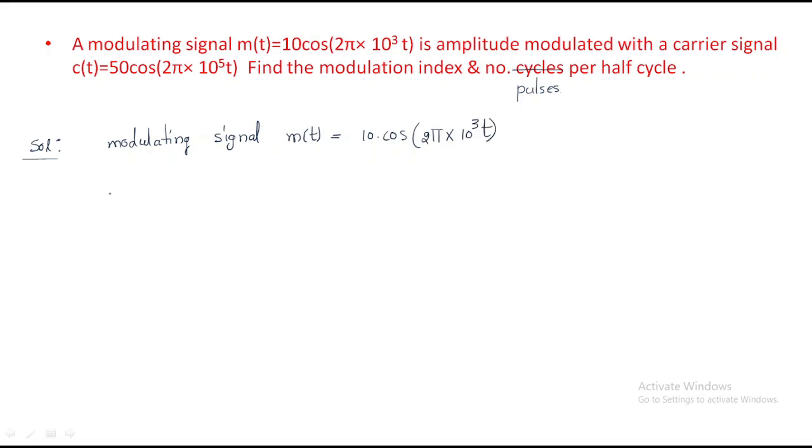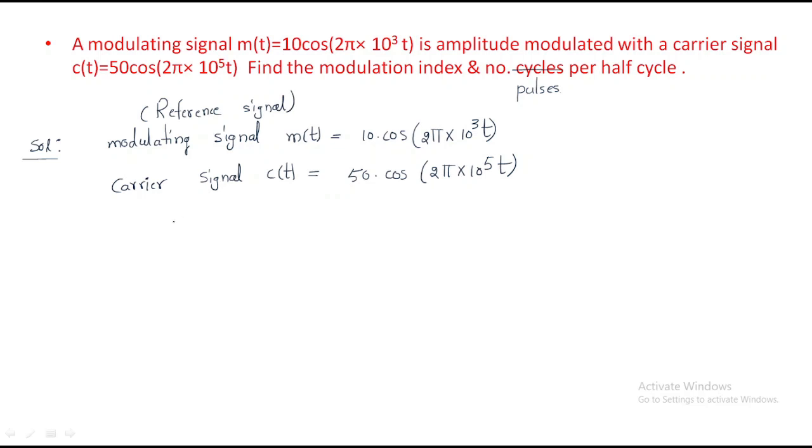Amplitude is modulated with a carrier signal, which is represented with c of t, that is 50 cos 2 pi into 10 power 5 t. The modulating signal means the signal which is modulated, which can be divided into the pulses. Another name is the reference wave, or the reference signal.